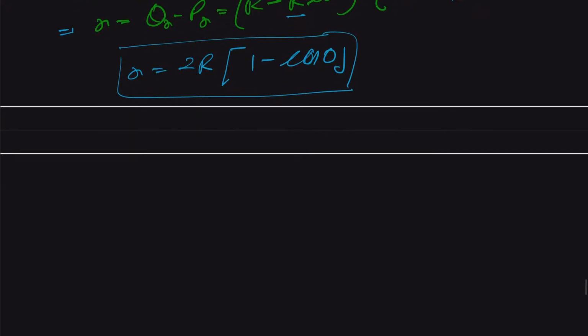So let us consider point P and point Q. We are launching a projectile from point P with velocity v, and let us suppose the angle is theta.